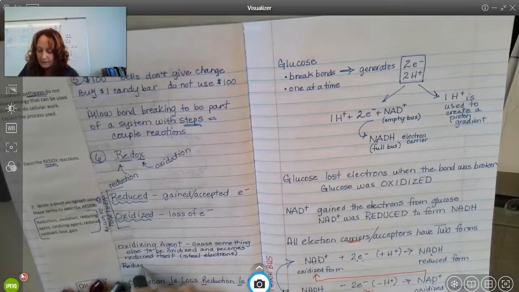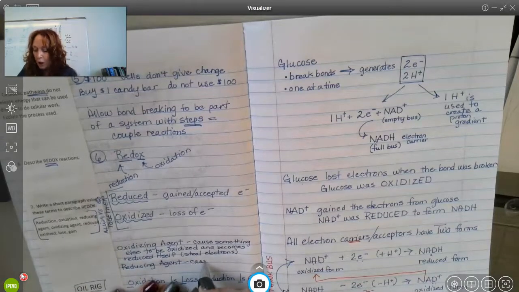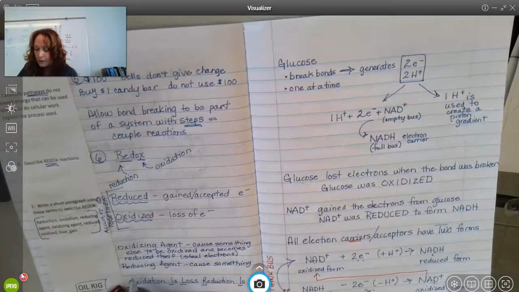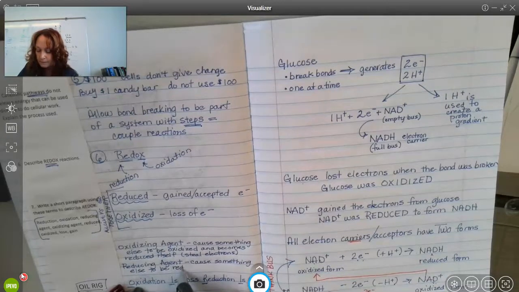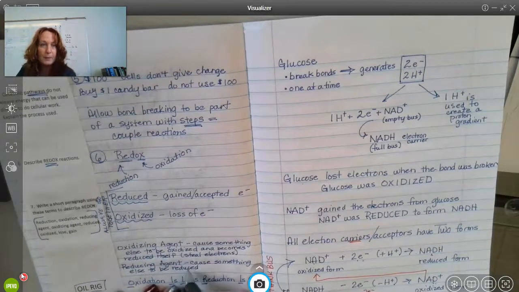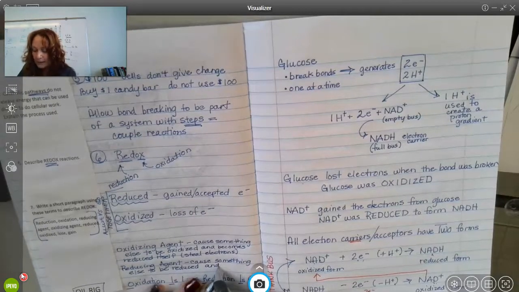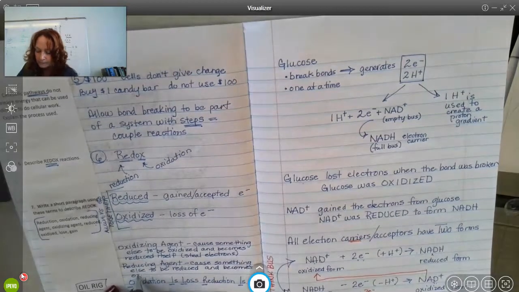Reducing agents, you can kind of guess where this is going. We're going to write pretty much the same thing. They cause something else to be reduced, so they cause something else to pick up electrons, to gain them, and what that means is they become oxidized themselves.